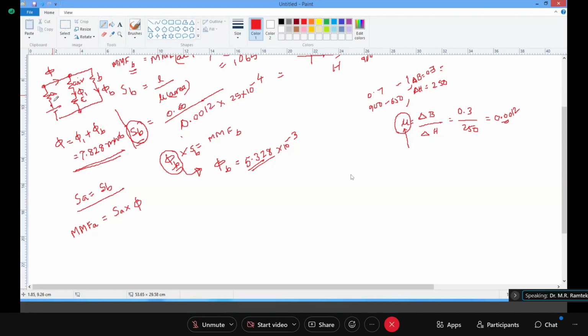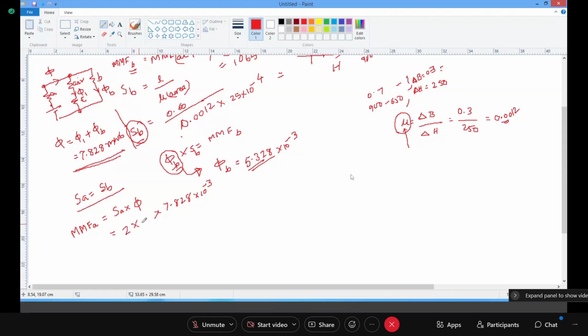So what is the value you get? 7.828 milliweber. And what is the reluctance? Have you not calculated the SB value? 2 into 10 to the power 5. Okay, correct.